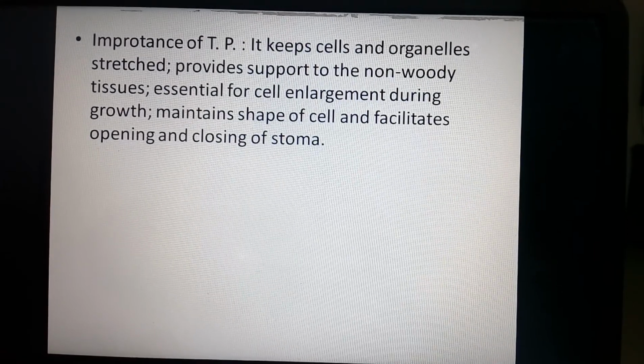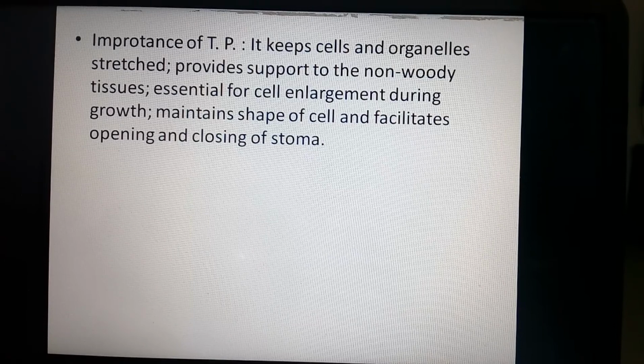The next, importance of turgor pressure. When cytoplasm contains a larger amount of water, it generates a pressure on the wall of a cell. What is the importance of this water pressure or turgor pressure inside the cell cytoplasm? This turgor pressure is helpful to keep the cell and cell organelles in a stretched form.